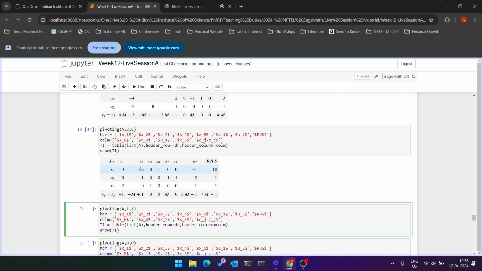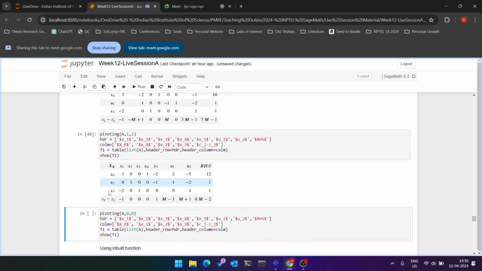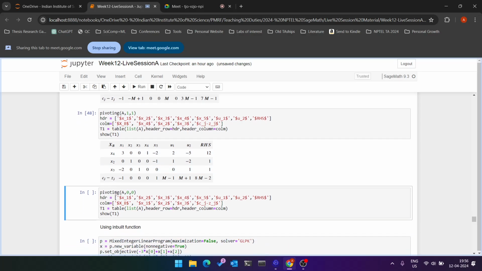So the pivot basically occurs around 1 comma 1 and we replace u1 with x2. So my basic variables become x4, x3 and x2 respectively.